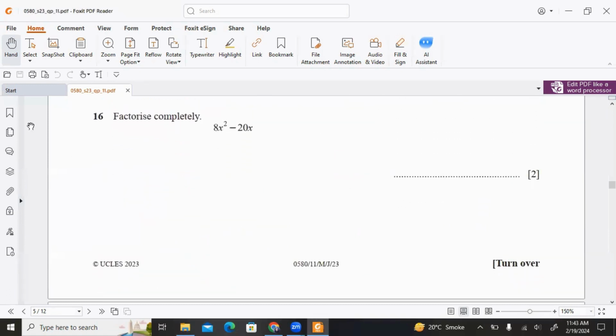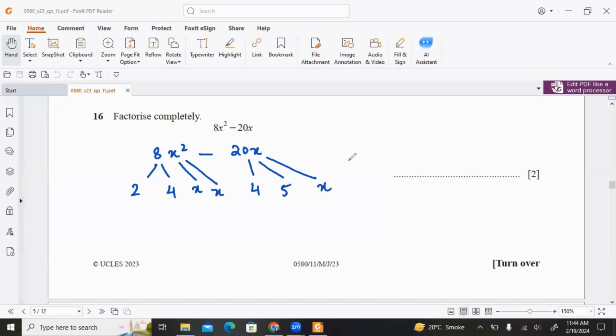Question 16 is asking us to factorize this expression completely. So for factorizing, you need to see what is the greatest common factor. So we have 8x squared minus 20x. If we split it down into its factors, 8 is 2 times 4. x squared is x times x. 20 is 4 times 5, and x.